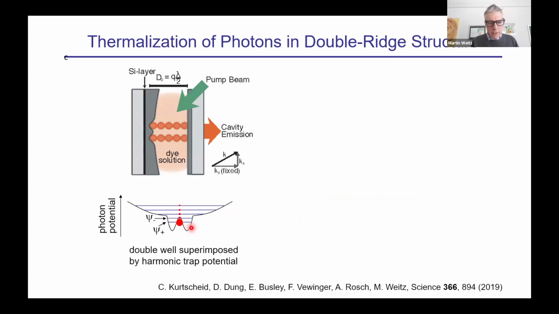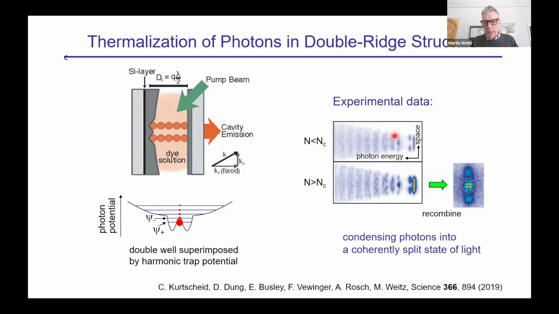So in this way, we can create a double well, and on top of the double well, there's a harmonic trapping potential, such that there's a suitable density of states that a BEC can be realized. And the two lowest states of the double well are the plus and the minus states. So basically, the ground state is the photons in the left state plus those in the right state, and the excited state has a minus sign in between. And on the right-hand side, you see corresponding experimental data.